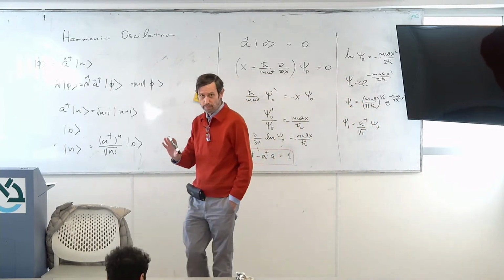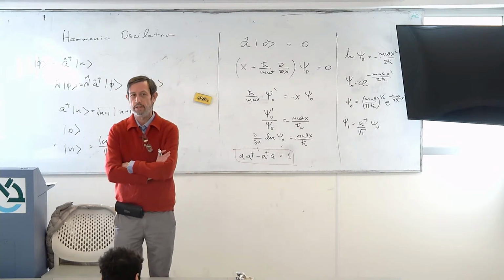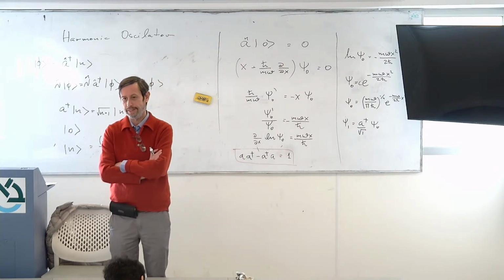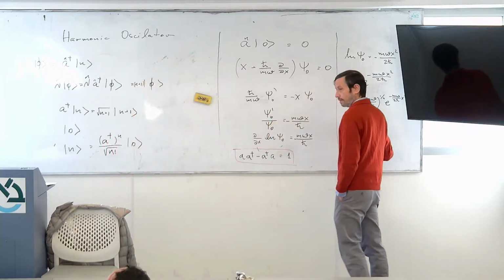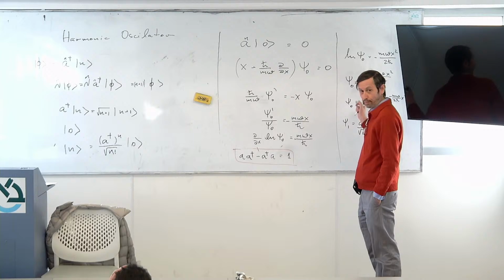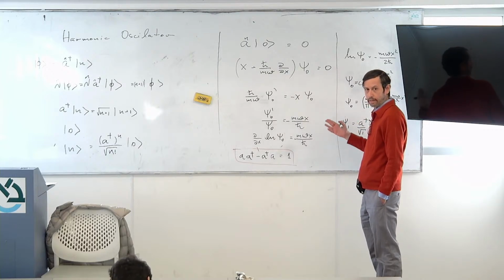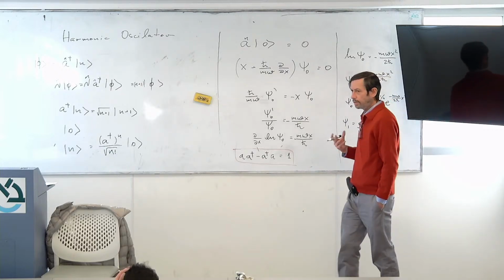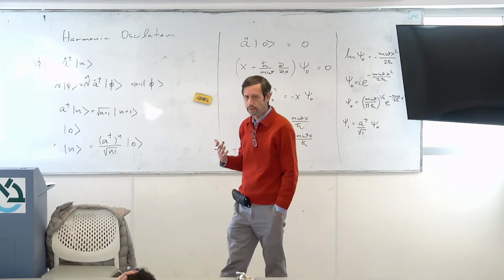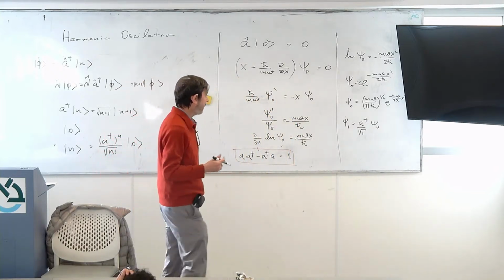I'm putting a square root of 1 just to remind that I have normalization factors here, which in this case doesn't matter. What should I do? I just write it down explicitly, perform the derivative, and I can get more and more terms. In a moment I'll do a general solution, but what do I have here in A dagger?